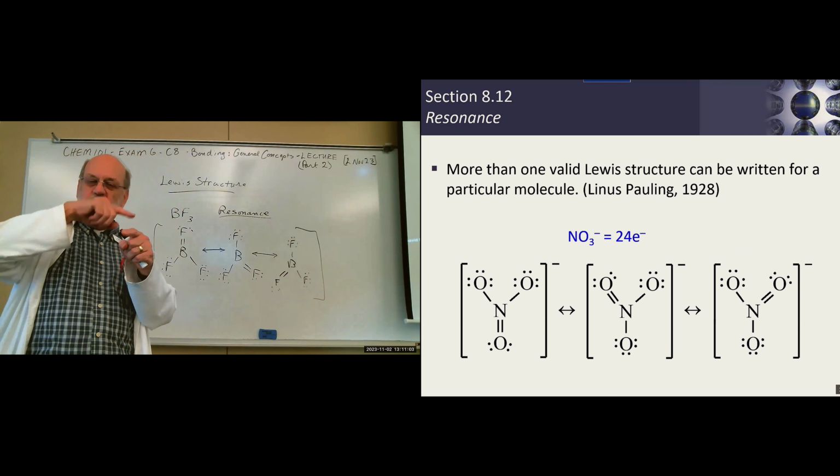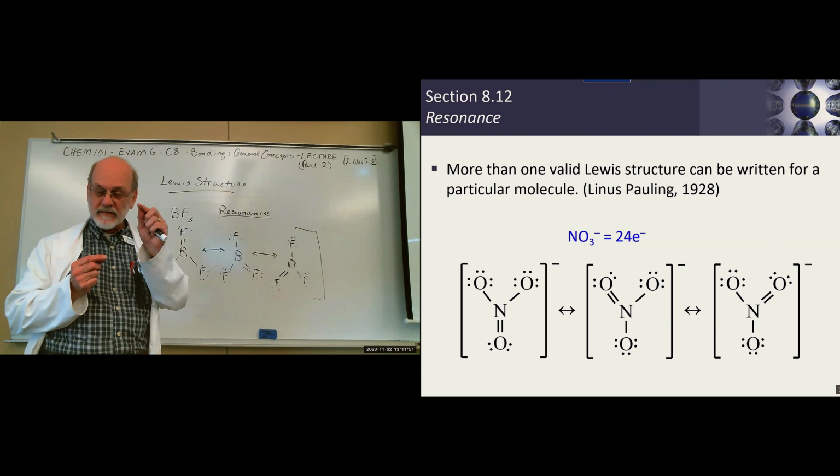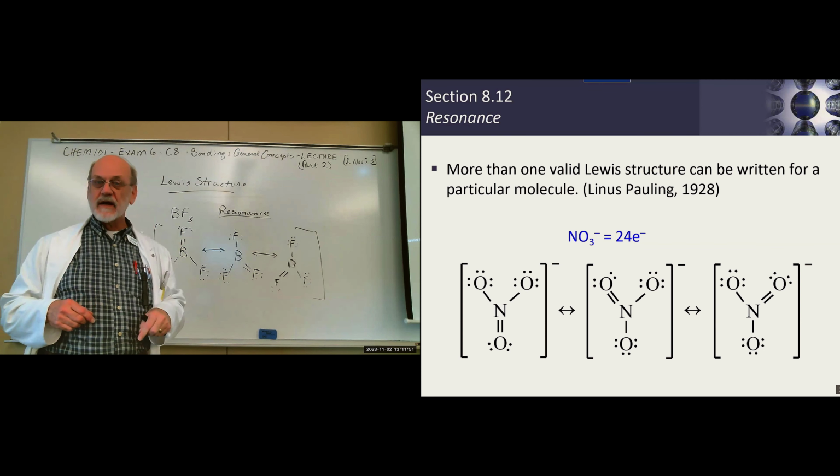But what this does illustrate is that each one of those bonds, oxygen to nitrogen, they're exactly the same bond length. They're exactly the same bond strength. So that means, remember what we said about double bonds and single bonds and triple bonds. The double bond is stronger and shorter than the single, and the triple is shorter and stronger than the double.